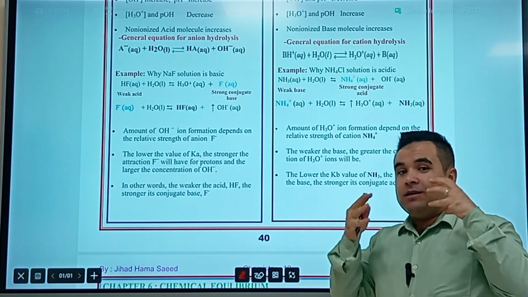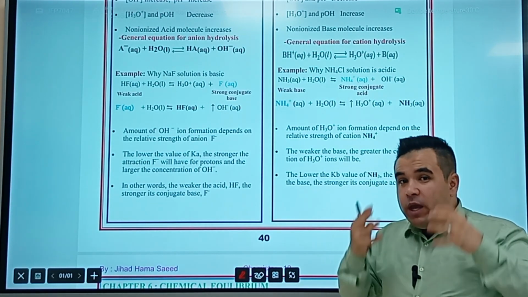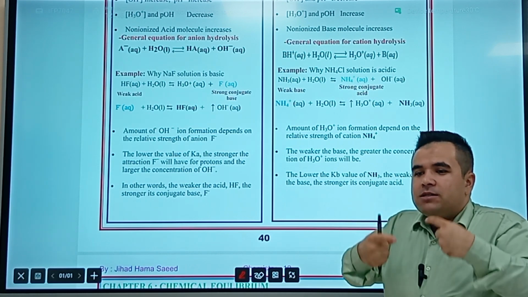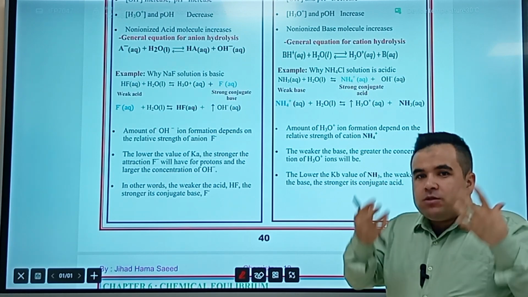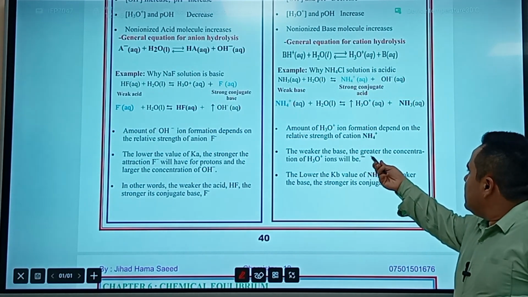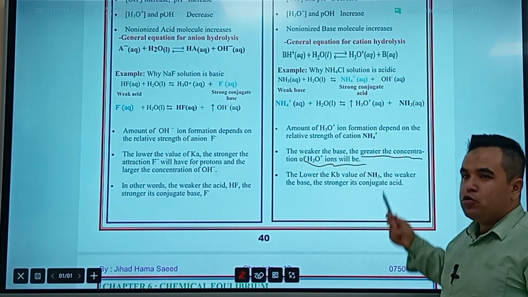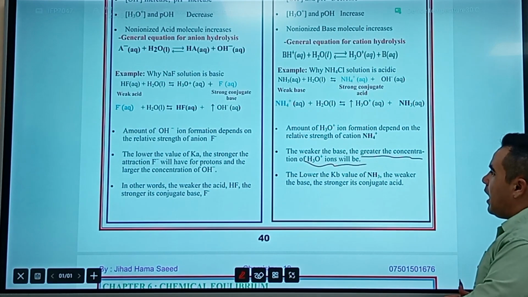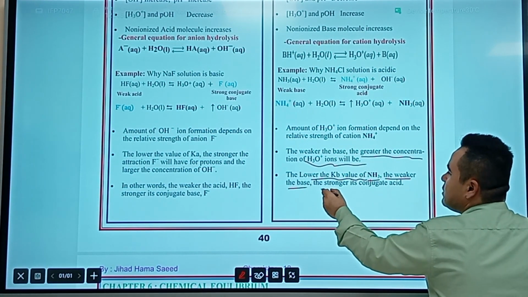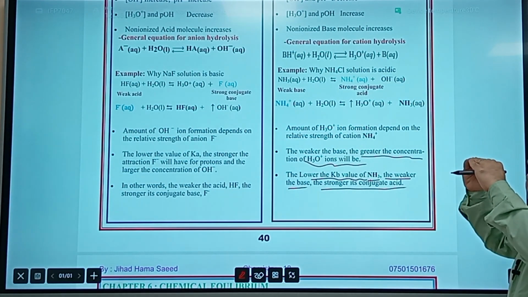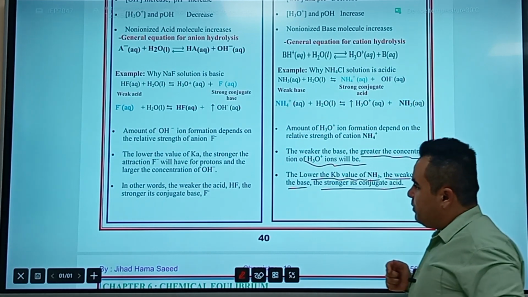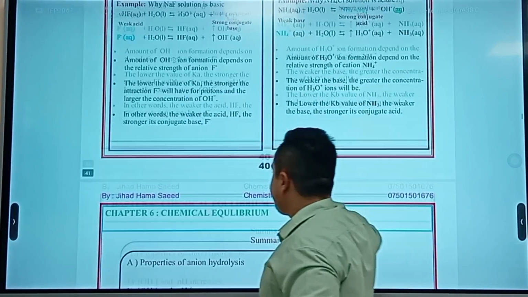As the base becomes weaker, it will produce a stronger conjugate acid, and as the conjugate acid becomes stronger, it donates protons more, with greater tendency to produce hydronium. The lower the Kb value, the weaker the base but the stronger its conjugate acid. As the Kb value reduces, the base becomes weaker and its conjugate becomes stronger.